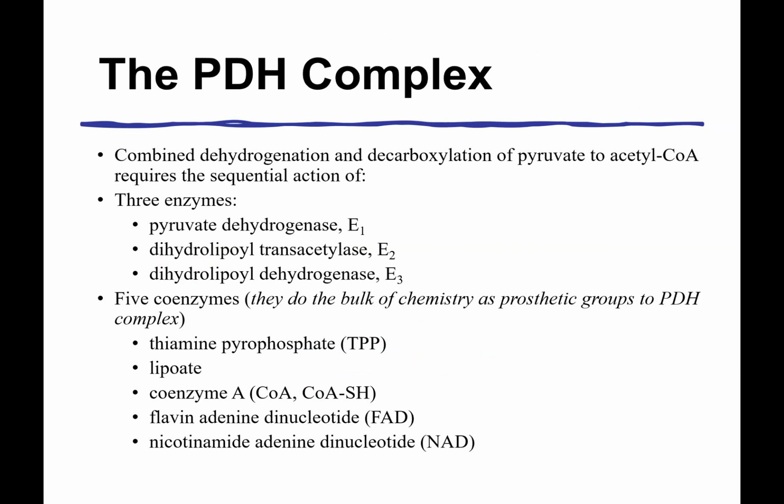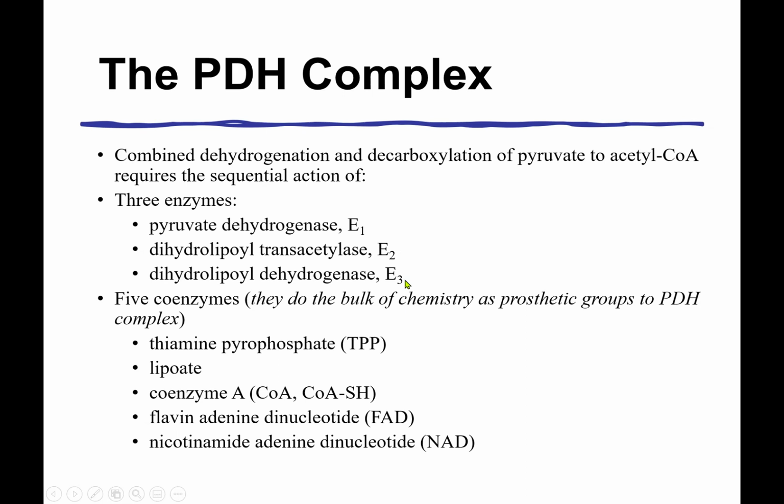Okay, so the PDH complex itself involves a dehydrogenation and a decarboxylation. And these are the 3 enzymes at play: pyruvate dehydrogenase, dihydrolipoyl transacetylase, and dihydrolipoyl dehydrogenase. Conveniently abbreviated as E1, E2, and E3.